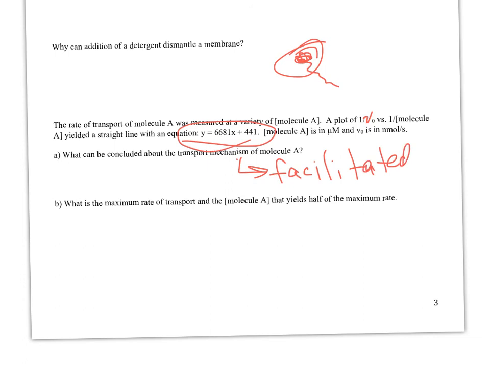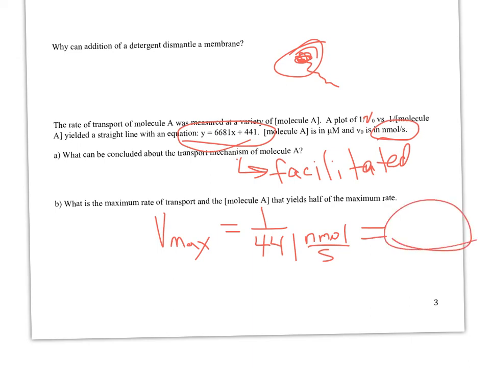And then Vmax is equal to 1 over 441, and I said that the rate is in nanomole per second, so that's nanomole per second, and I'll let you do the math, but flip that around and you'll get some number. I don't have my calculator handy right now, but that's how you set it up.